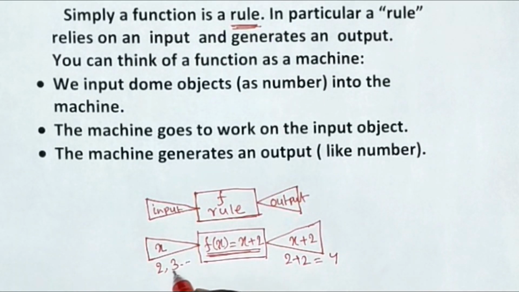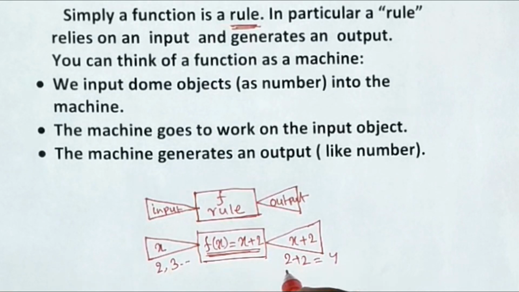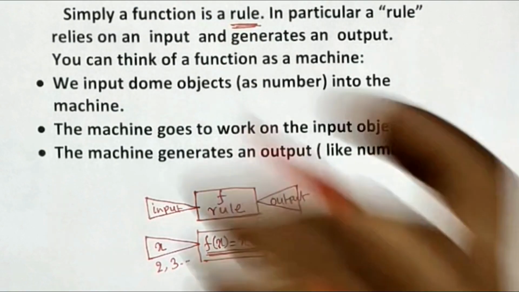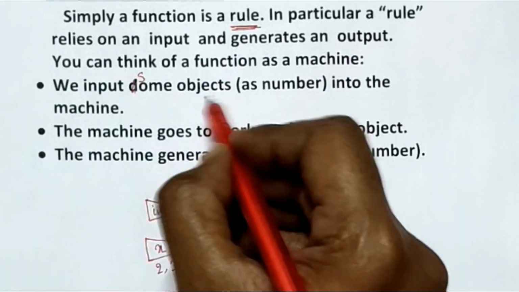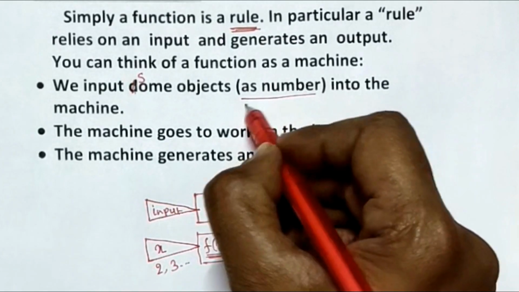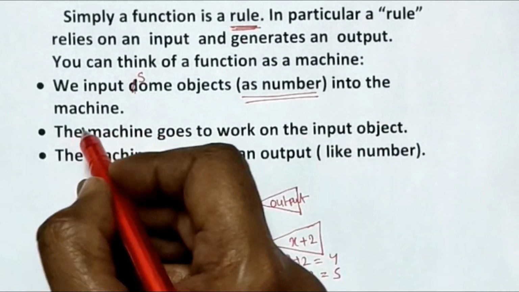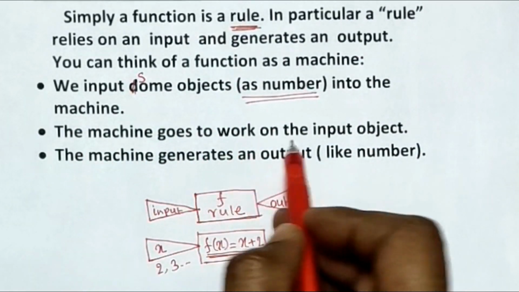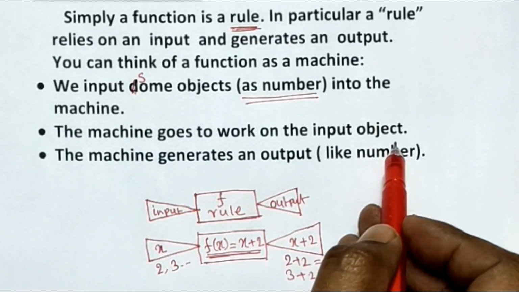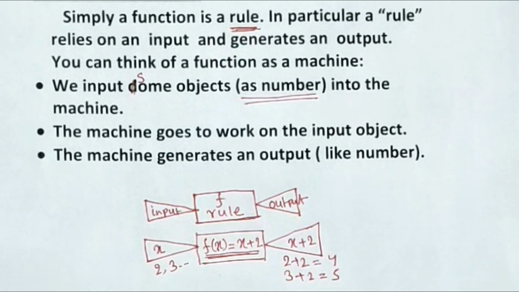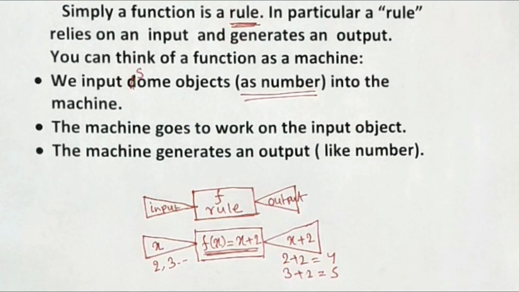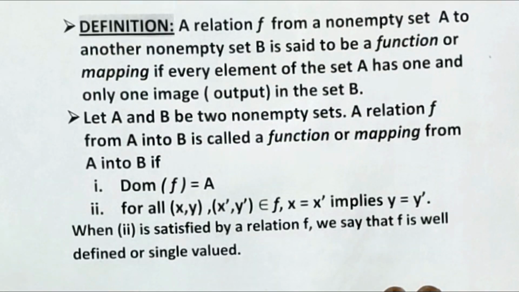If we put 3, then it gives us 3 plus 2 equals 5. So we input some objects as numbers into the machine. The machine goes to work on the input objects. The machine generates an output like numbers. This is the basic concept of a function.